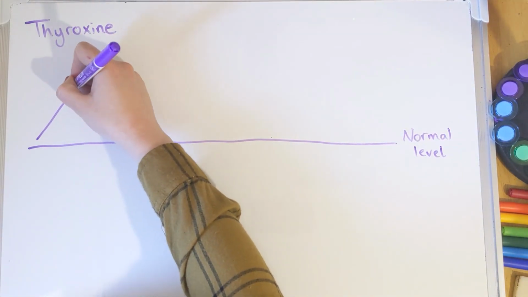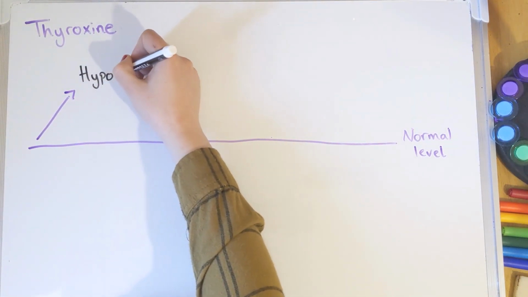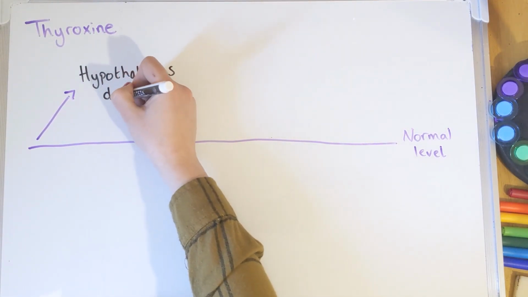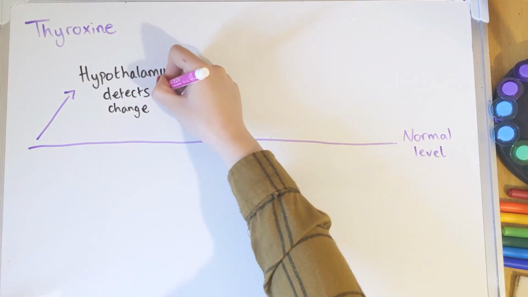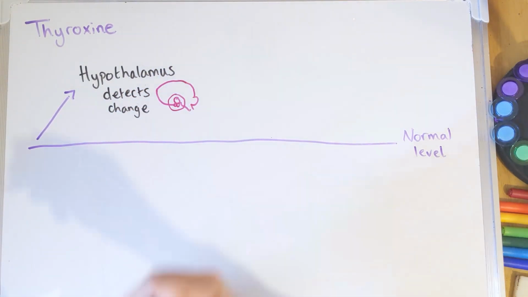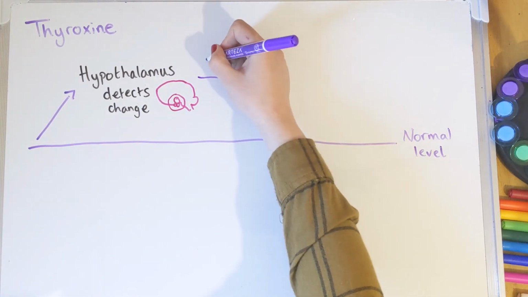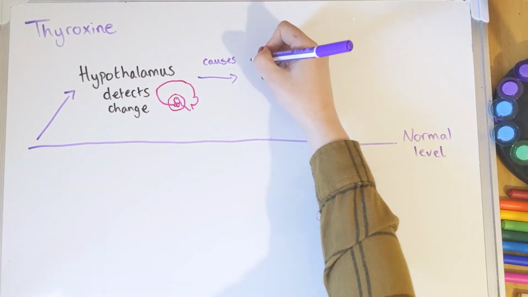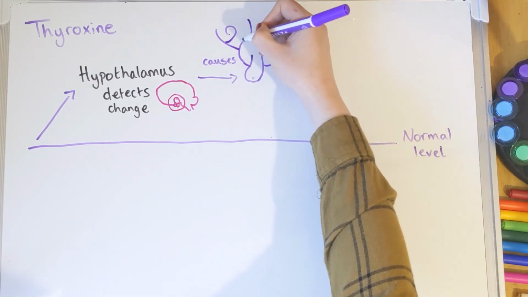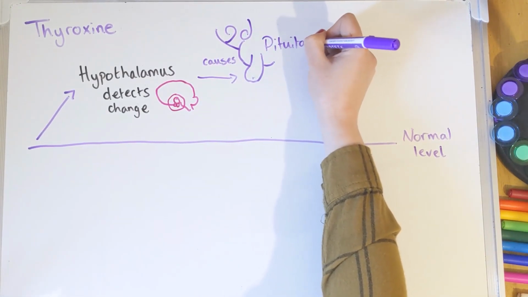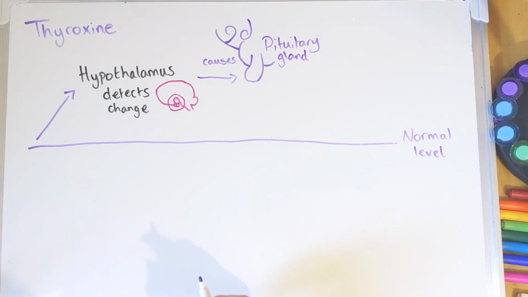Thyroxine levels increase in your body. So for example, you might be going through a growth spurt, so you require faster respiration or faster protein synthesis to build on that muscle mass that you're gaining. So the hypothalamus in your brain will detect that change. That will cause your pituitary gland, which lies just underneath it, to stop making TSH, which stands for thyroid stimulating hormone.